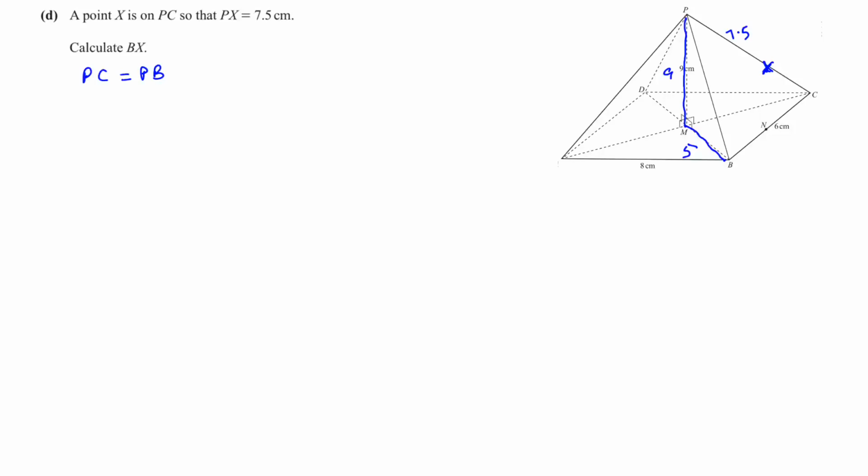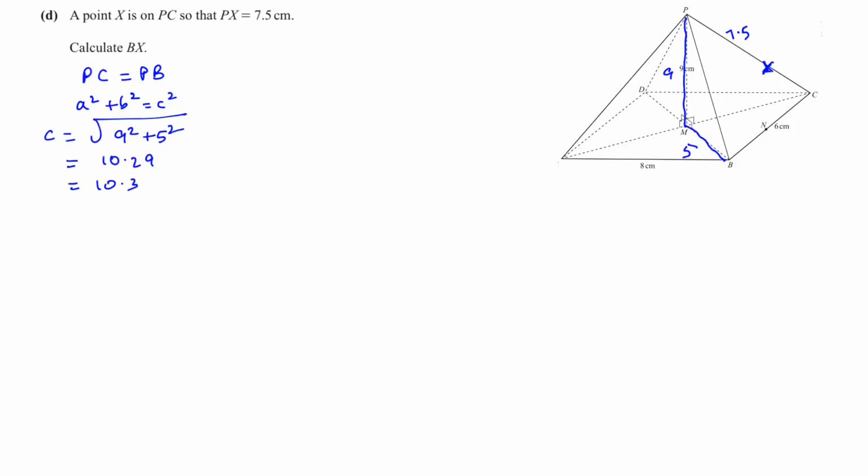To find the hypotenuse, we use a squared plus b squared is equal to c squared. Therefore, c is equal to the square root of 9 squared plus 5 squared, and this will give us 10.29. You can round it to one decimal place, 10.3.